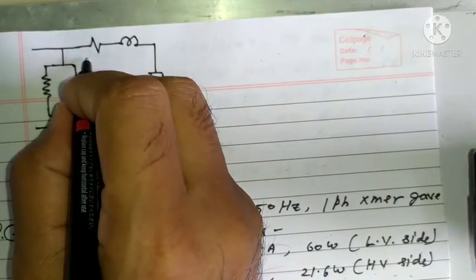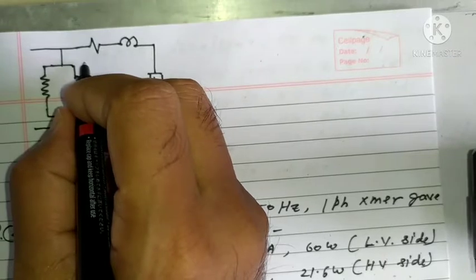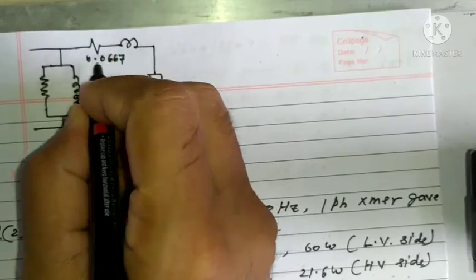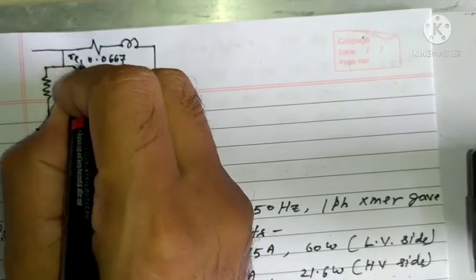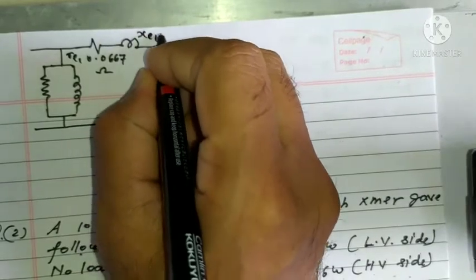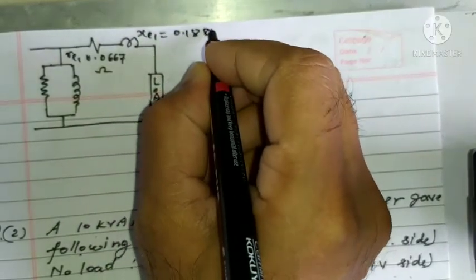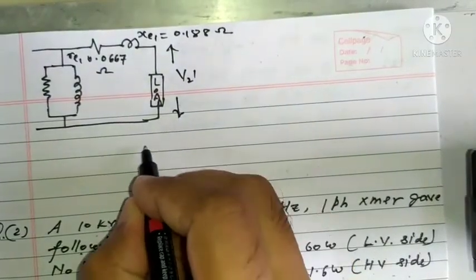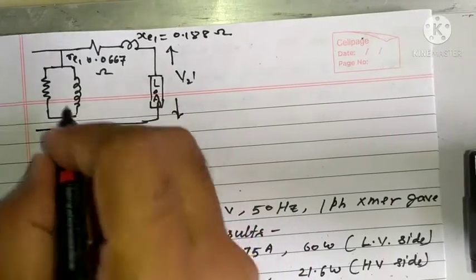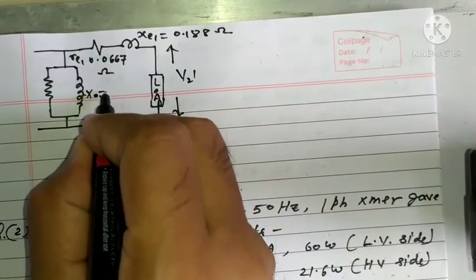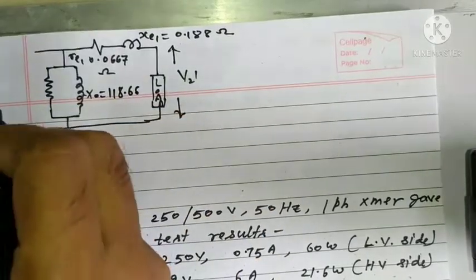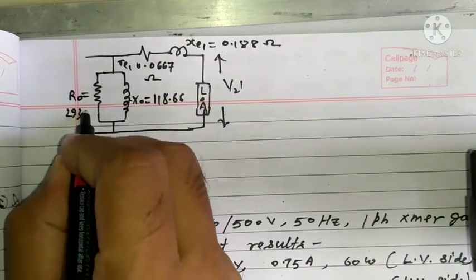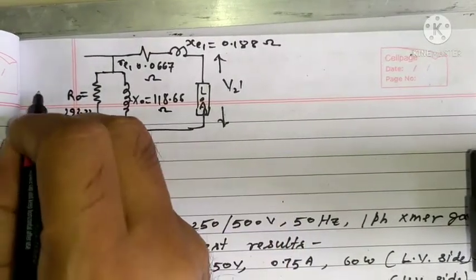This is Re1, which is 0.0667 ohm, and this is Xe1, 0.188 ohm. The voltage here is V2 dash because the circuit is referred on the primary side. X0 we got as 118.66 and R0 as 293.33 ohm, and there will be V1.